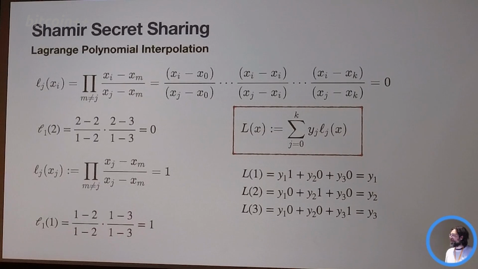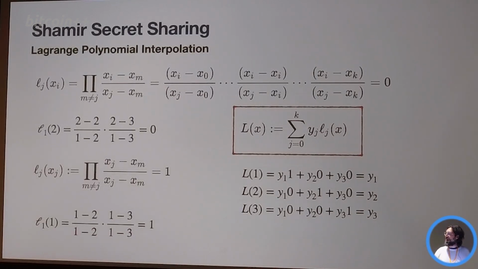So let's say we're dealing with points with x values 1, 2, and 3. On the second row here to the left, we have the Lagrange function for the first point, and it's taking the x value for the second point as its input.